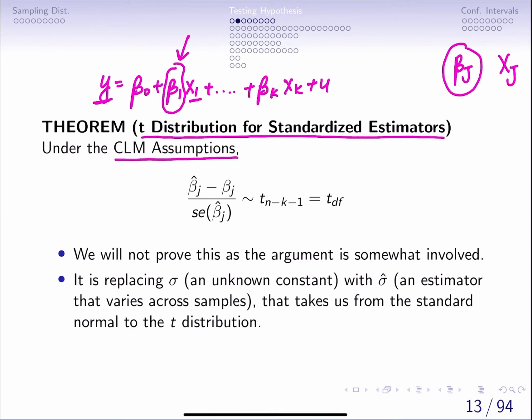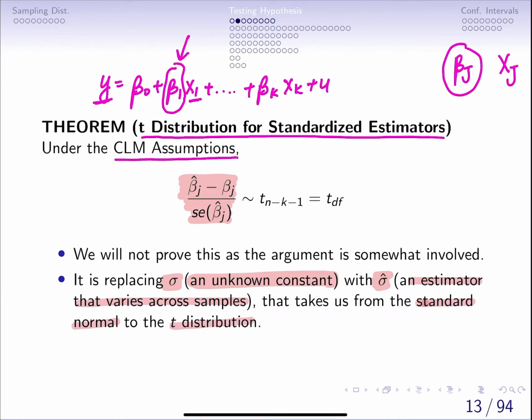In the last video, we'd seen that this ratio was following a standard normal distribution. So earlier we had sigma, which was unknown to us, but now we have sigma hat. If we replace sigma with sigma hat, which is an estimator that can vary across samples, this is going to take us from the standard normal distribution to the t distribution.